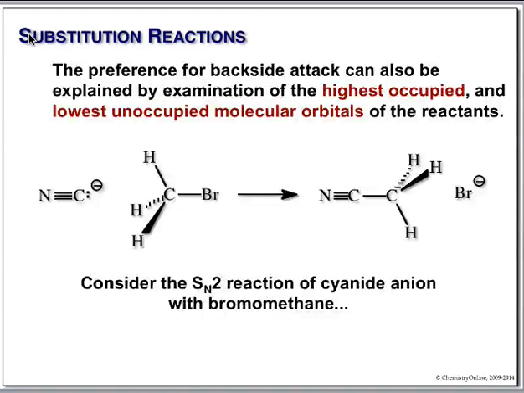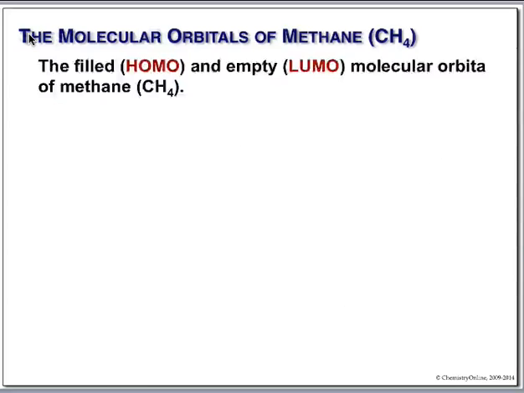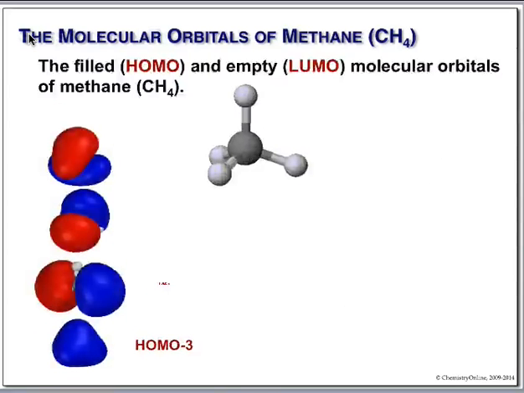Remember way back when we were talking about molecular orbitals, we said that for something like methane, you can calculate regions of space where the electrons are. Now we have 4 atoms here in this molecule. Therefore, we have 4 molecular orbitals.